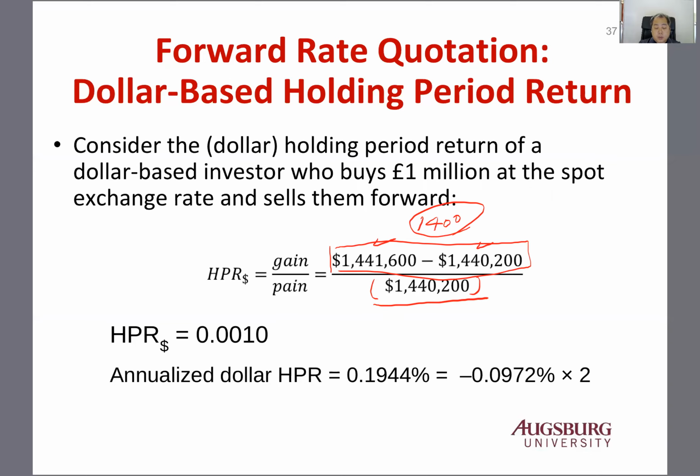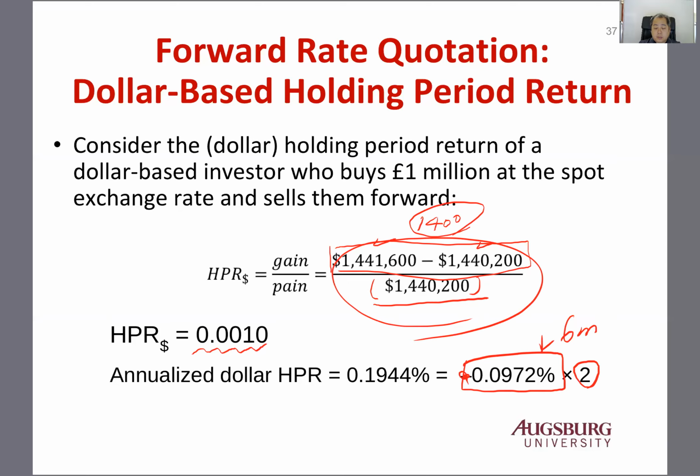Then per dollar, you make about $0.001. If you annualize it, the return is 0.0972%, because this is a 6-month rate, so multiplying by 2, it's 0.1944%. That's the holding period return if you invest in this forward contract.